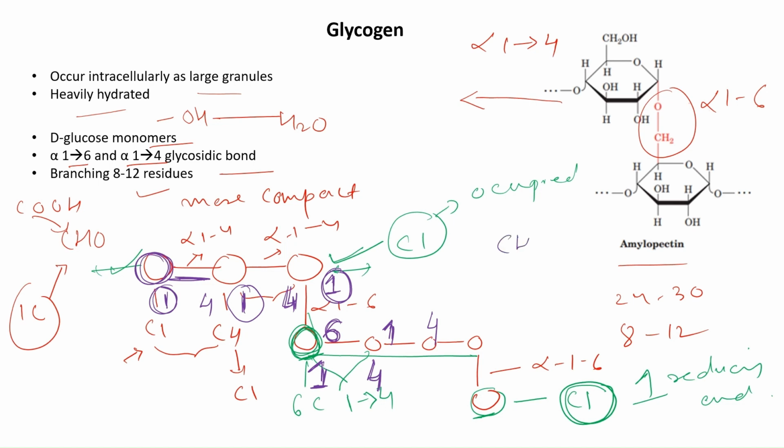Because the first carbon contains the aldehyde functional group, and this carbon only takes oxygen and gets converted into COOH, and hence the sugar is known as a reducing sugar. So only the last glucose, to which no other glucose is attached, has its C1 free. For all the rest, the C1 is not free. Hence, glycogen contains many non-reducing ends, but only one reducing end.